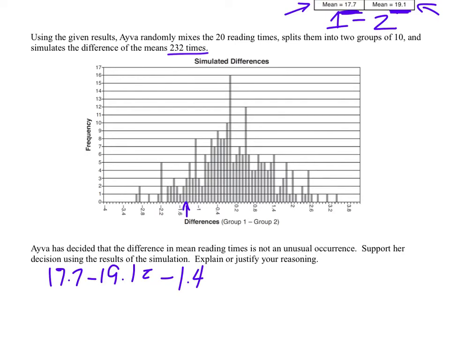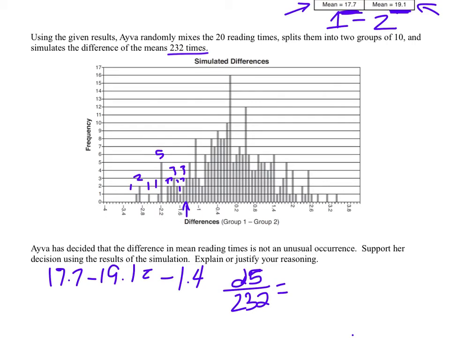So we just count all these. This is 3, 2, 1, 2, 3, 2, 2, 5, 1, 1, 2, 1. Now that seems like a lot to me, but let's see what the percentage is going to be. So the percentage is 25 of the times were less than, doesn't really matter, 200 over 232 times.